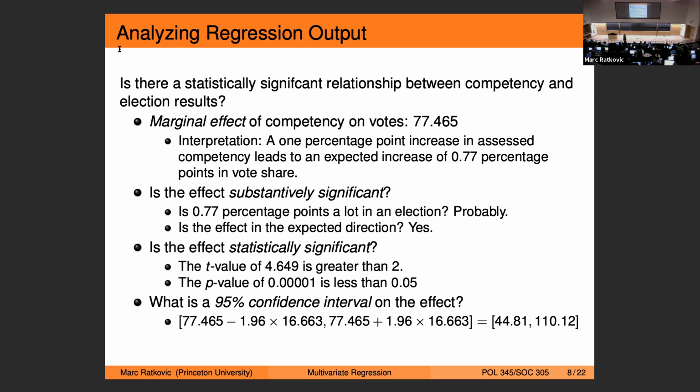Could it be the case that 0.77 is not substantively significant? Sure. You could say, everything's polarized and we're in a situation where we don't have close races. It turns out in America we do, but you could be talking about an electoral system where that's just not a big deal. When it comes to substantive significance, that involves background domain knowledge in what you're talking about.